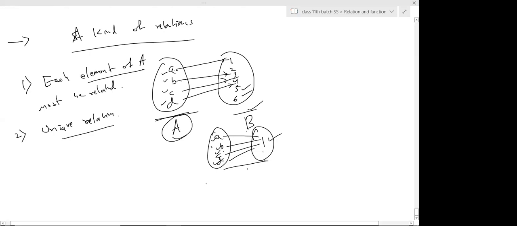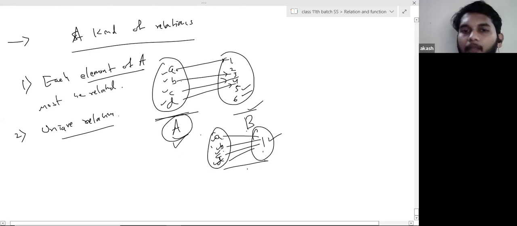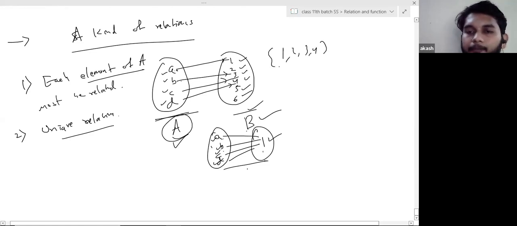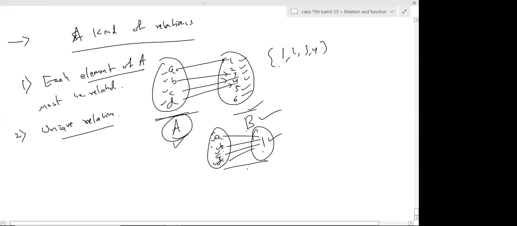And what is domain? Domain is set A, codomain is set B, and the elements related are the range. 1, 2, 3, 4 are the range.